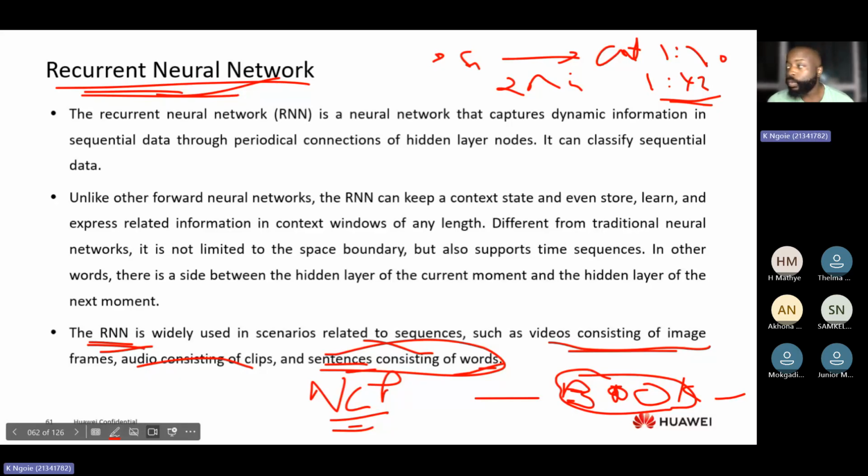Okay. All right. Cool. Now I want to show you what's happening, the problem, the issue that you have with recurrent neural network. I need a volunteer. It's not that you have a question.